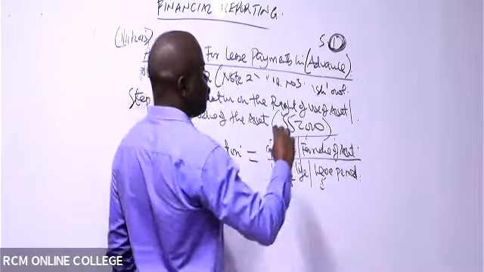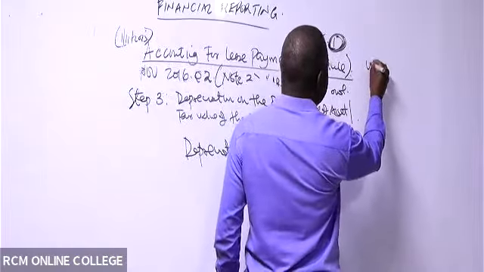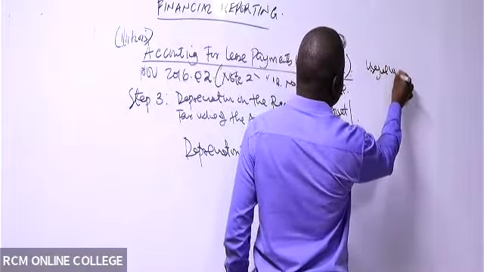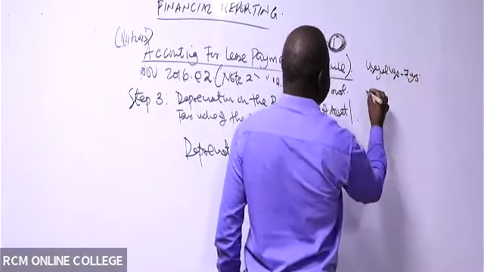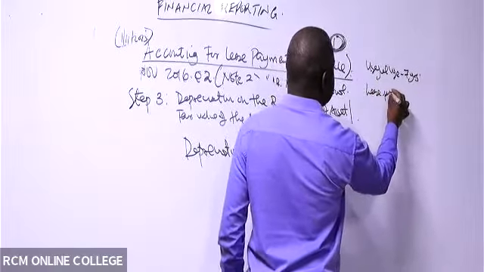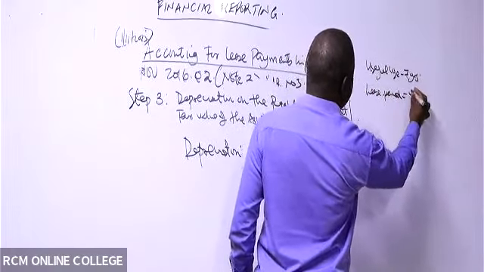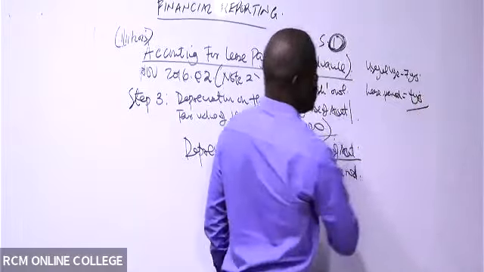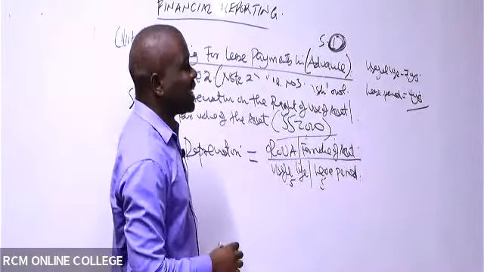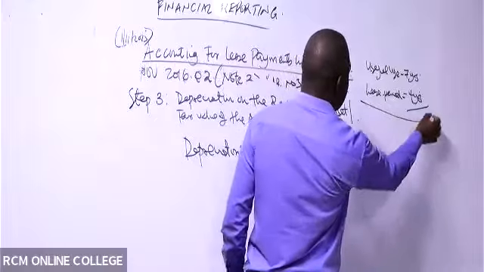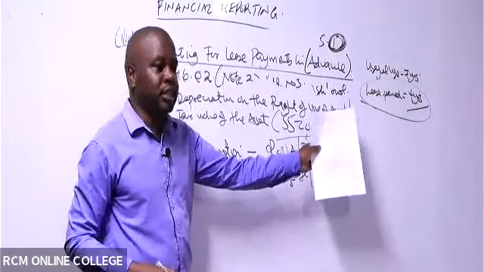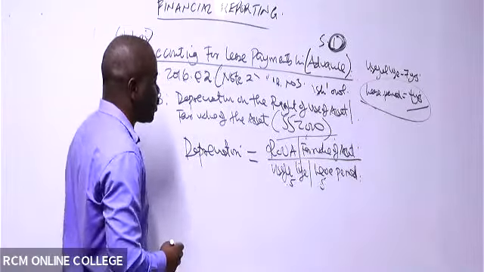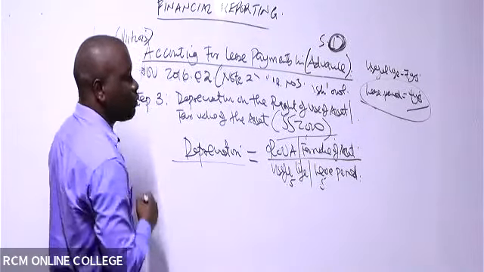But sometimes they can tell you the useful life is maybe 7 years, and then they tell you the lease period is actually 4 years. If they happen to do like that, you take the lower, or just take the lease period, as the one you'll use to calculate depreciation on the right of use of the asset.